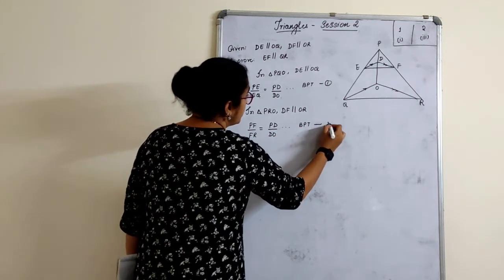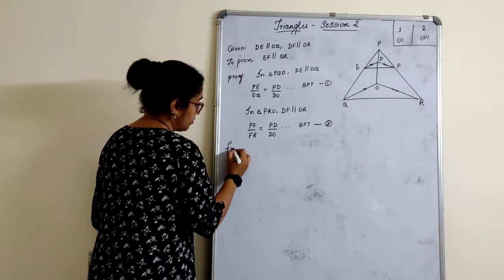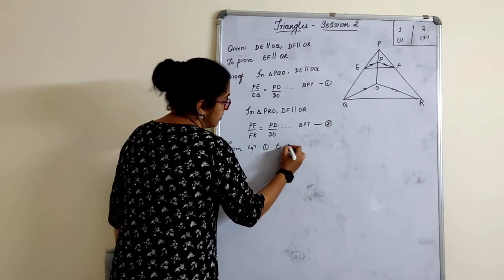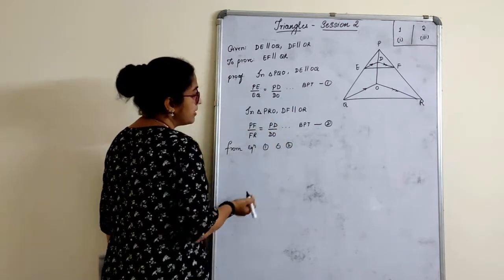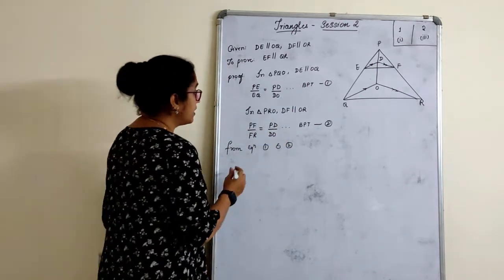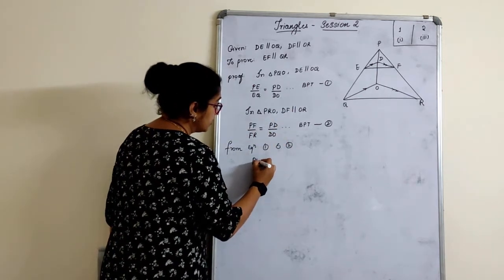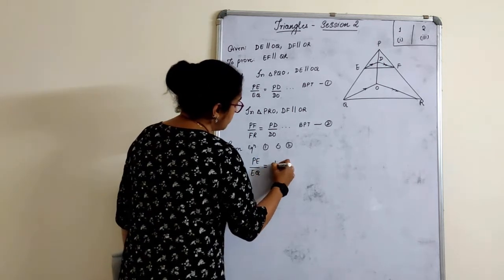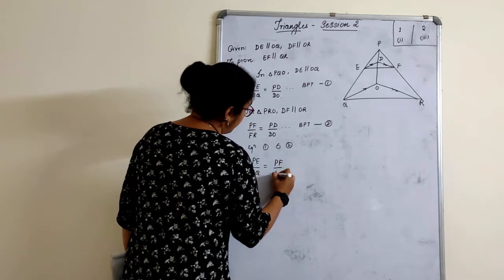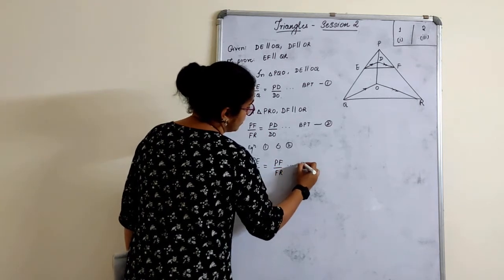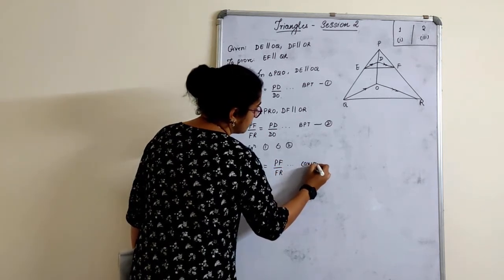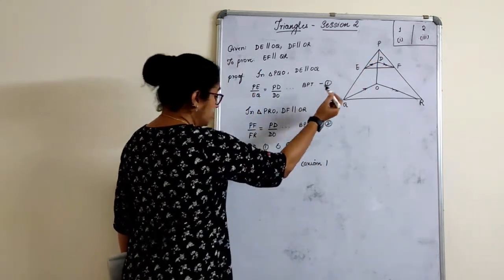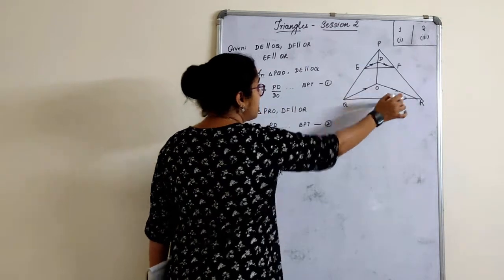BPT, equation 2. From equations 1 and 2, both things equal to the same thing are equal to one another. Can I say PE upon EQ is equal to PF upon FR? Axiom 1. It is PE upon EQ is equal to PF upon FR.